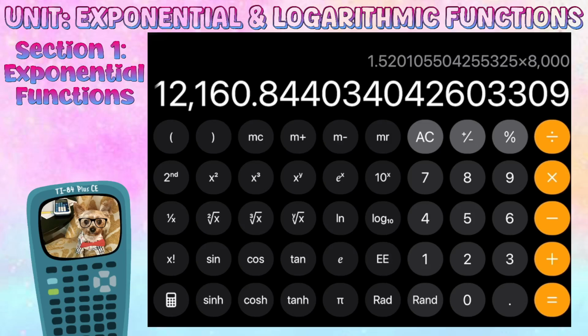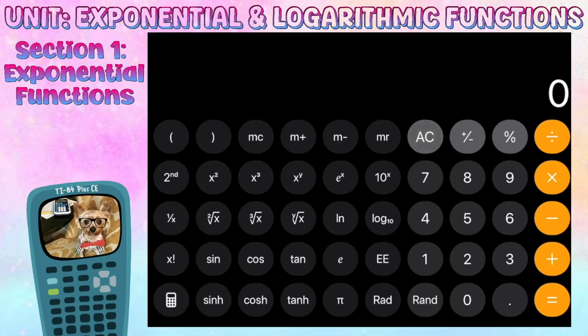Now the other one will be, okay, when it comes to the E button, if you see that E to the X button right now, I'm about to press it, I'm going to get 1 on the screen. Well, actually, this calculator shows me I'm doing E to the 0. So whatever number's on the screen, there's a lot of calculators that when you press the button, it'll take the square root of whatever's on the screen.